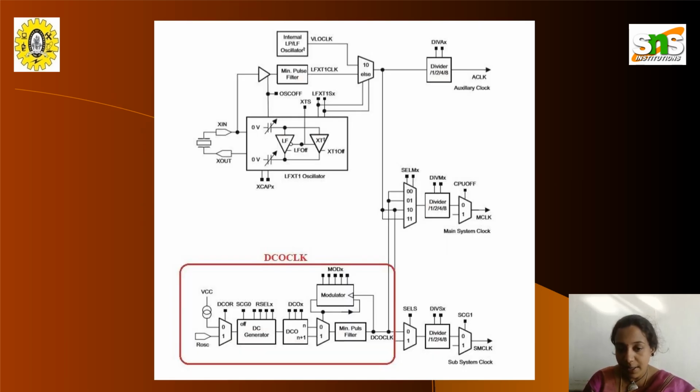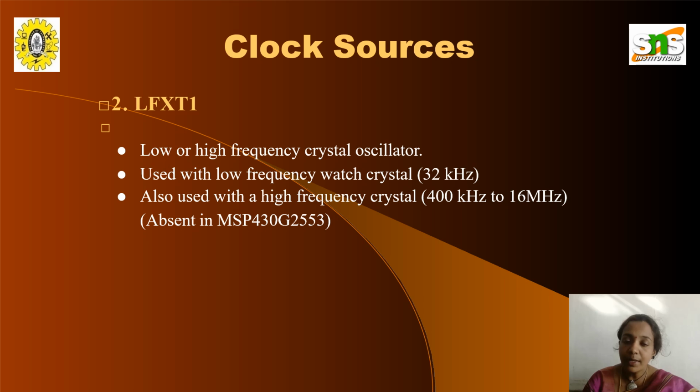DCO clock is here. It has a DC generator and DCO filter modulator, which is connected with a divider, which is connected with a basic clock source. The next type of clock source is LFXT1, a low or high frequency crystal oscillator, used with a low frequency watch crystal, and also used with a high frequency crystal.